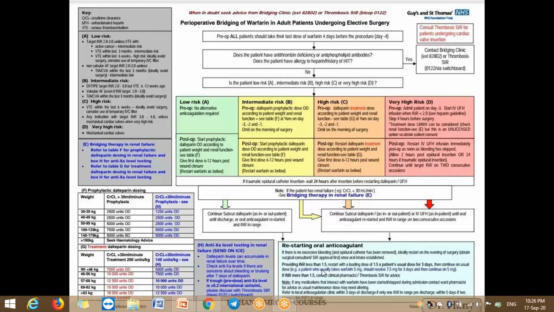Then I will do the cesarean section within these 12 or 24 hours. Prophylactic dose, stop 12 hours before surgery. Therapeutic dose, stop 24 hours before surgery. Then do the cesarean section, put epidural, then go back to the low molecular weight heparin 4 to 6 hours after the surgery until you restart warfarin.